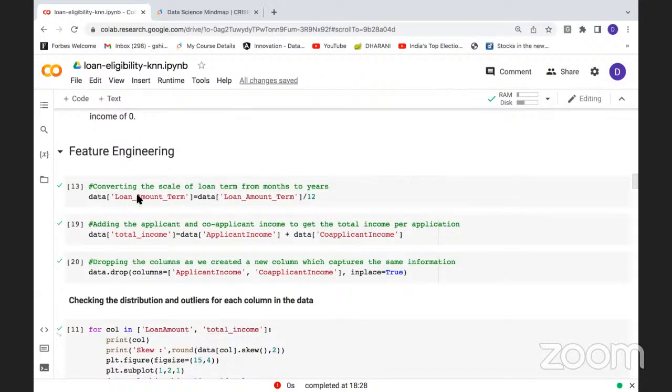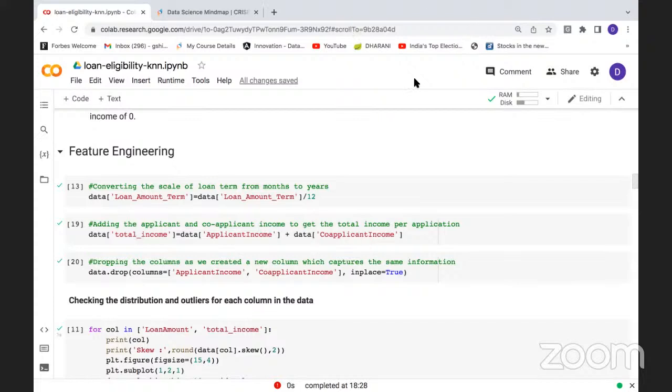So what am I doing? I'm converting the scale of loan term from months to years to make it easy. Then I have added the total income, a new column I have created in the data. I have added the applicant's income and the co-applicant's income, which gives me total income.